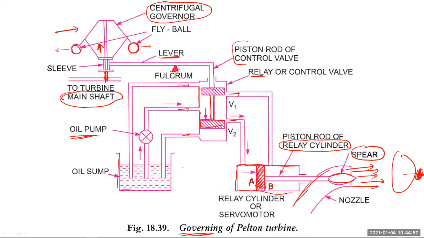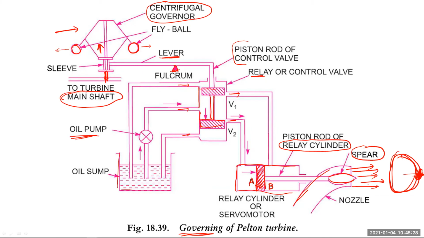Now, governing of turbine is defined as the operation by which the speed of the turbine is kept constant. Because we know that we are ultimately rotating this turbine to generate electricity. And we all know that the frequency of the electricity should be constant. It should not be fluctuating.